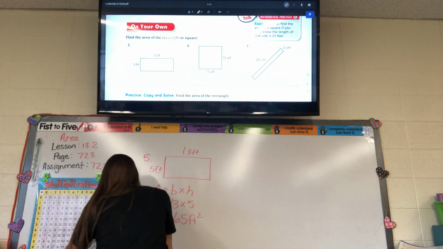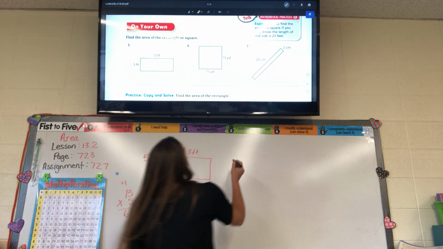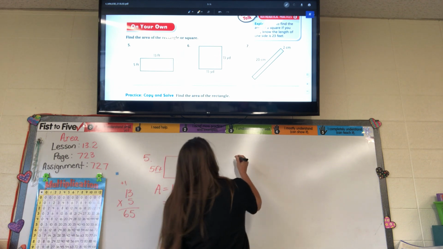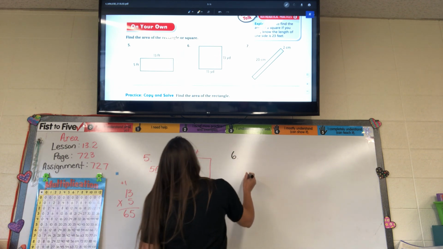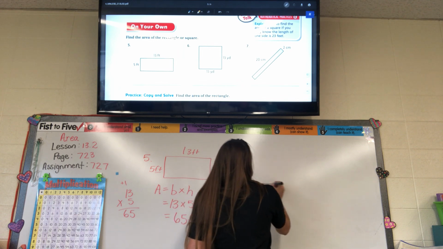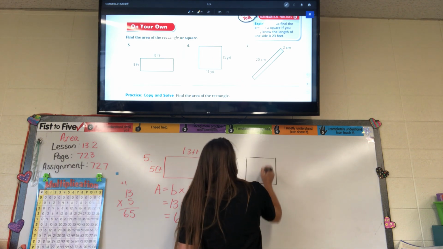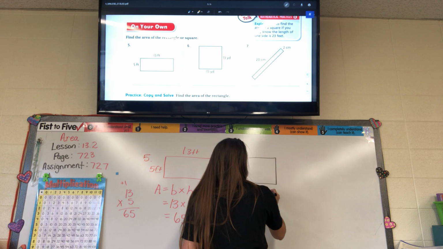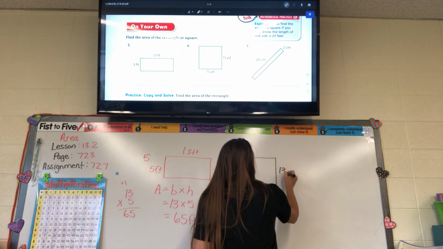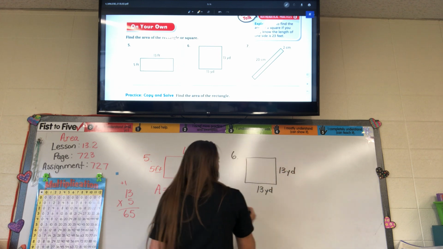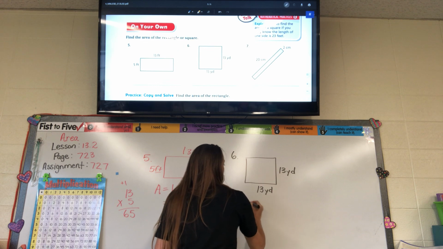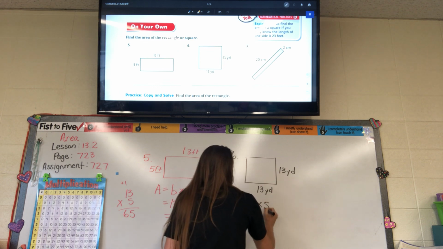Okay. Here we go. Number 6 is a square, which is 13 yards on each side. So 13 yards and 13 yards. The area of a square equals side times side.